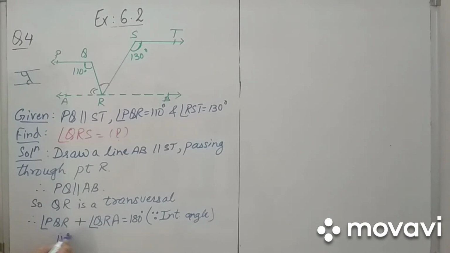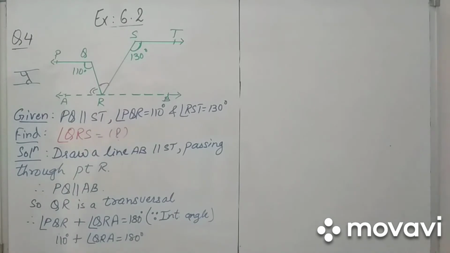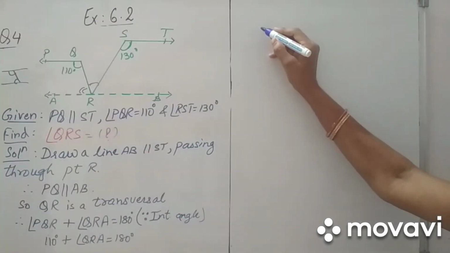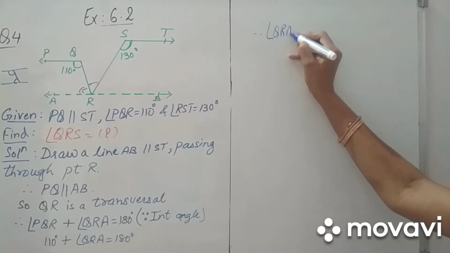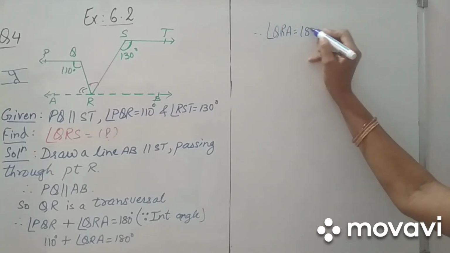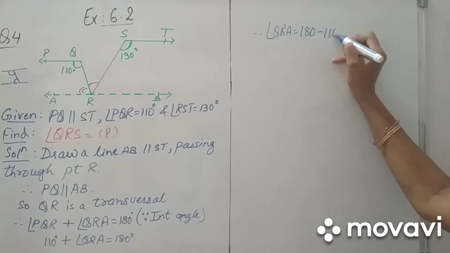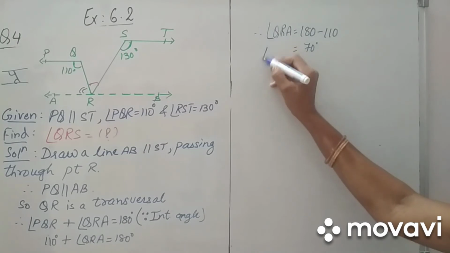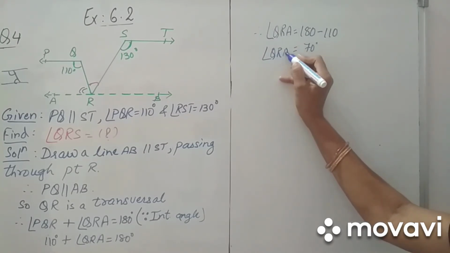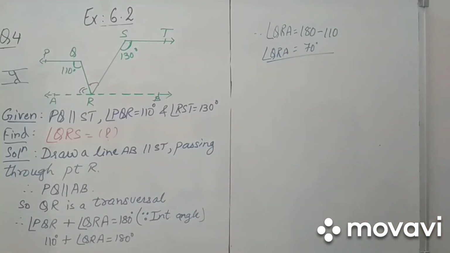One is given, 110, plus angle QRA is equal to 180 degrees. So you will get angle QRA equal to 180 minus 110, which is 70 degrees. One thing we got, QRA.